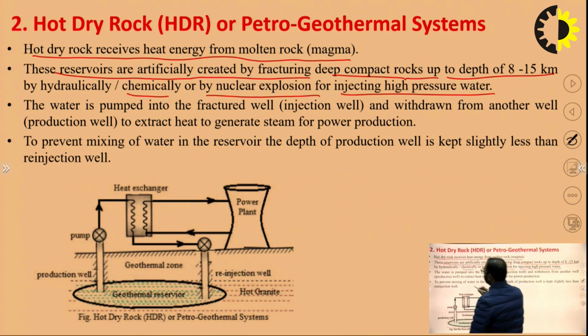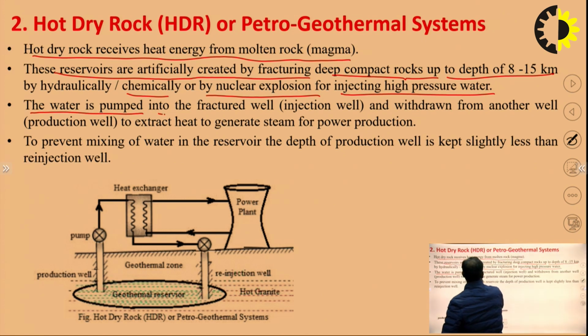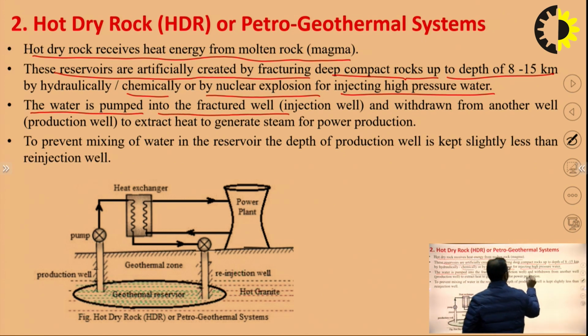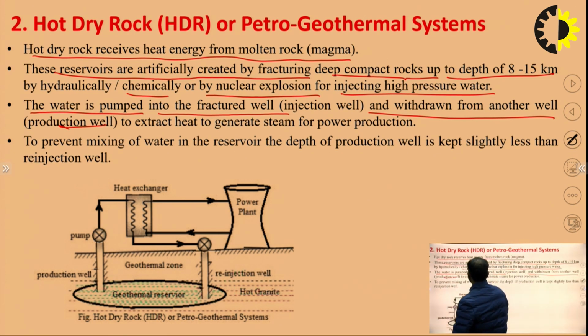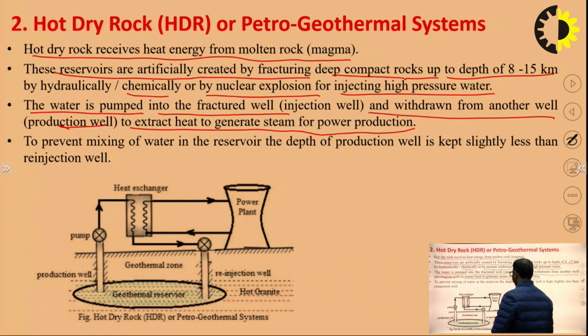Okay, and this water is pumped into the fracture well and withdrawn from another well known as the production well to extract heat to generate steam for power production. So this is the re-injection well and this is the production well.